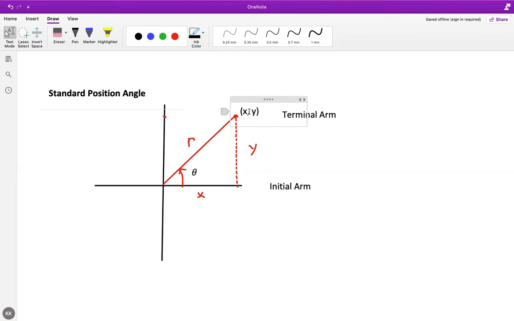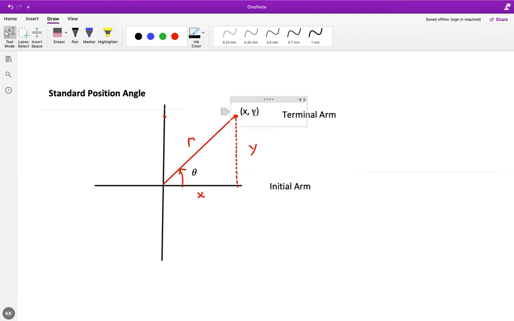So what do x and y tell you about this right triangle here? x tells me the horizontal distance for this right triangle, the distance from the origin to the endpoint here, which is about x units.